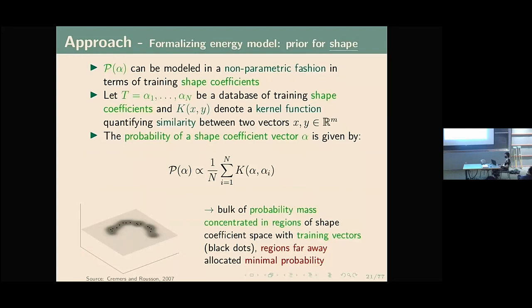Under this model, the probability density in regions of the shape coefficient space around the training samples will be high, so that would be these little training samples in black with the little sausage shape around them. Conversely, it will quickly drop towards 0 as the shape coefficient grows less similar to any shape seen during training, so they're given less probability.